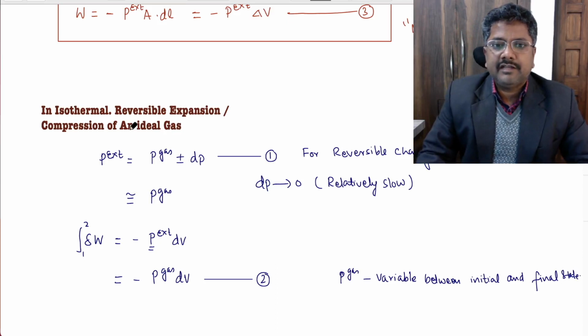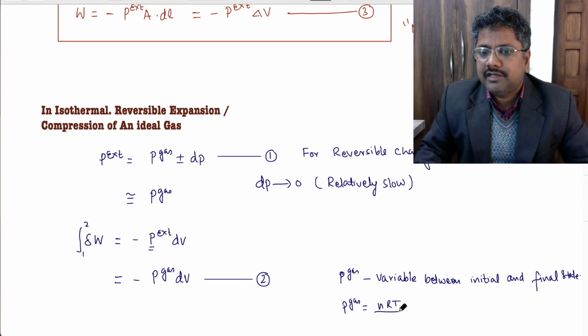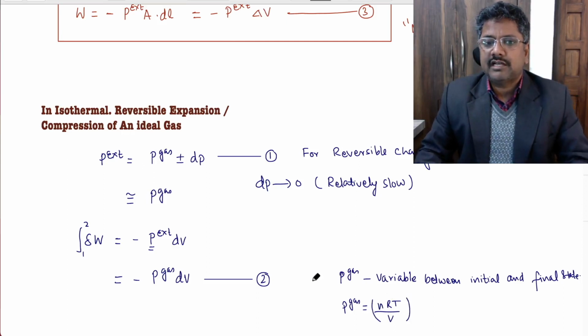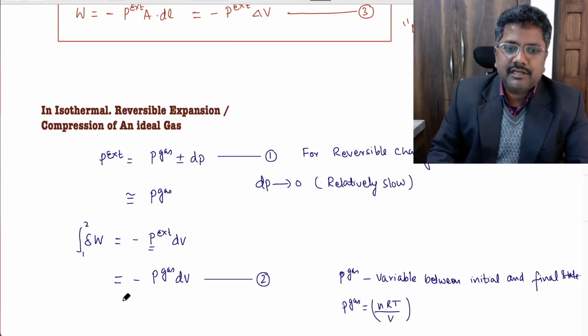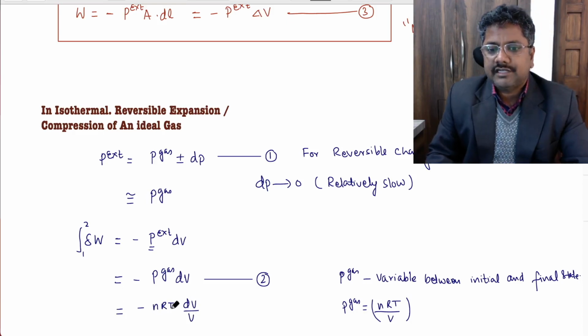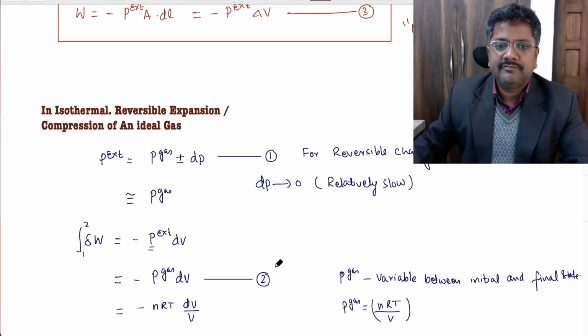Since the behavior of the gas is ideal, we can write P gas is equal to nRT by V. Volume is changing, moles are constant, so here we can put minus nRT dV by V. n is constant, R is constant, T is constant because isothermal process is there.